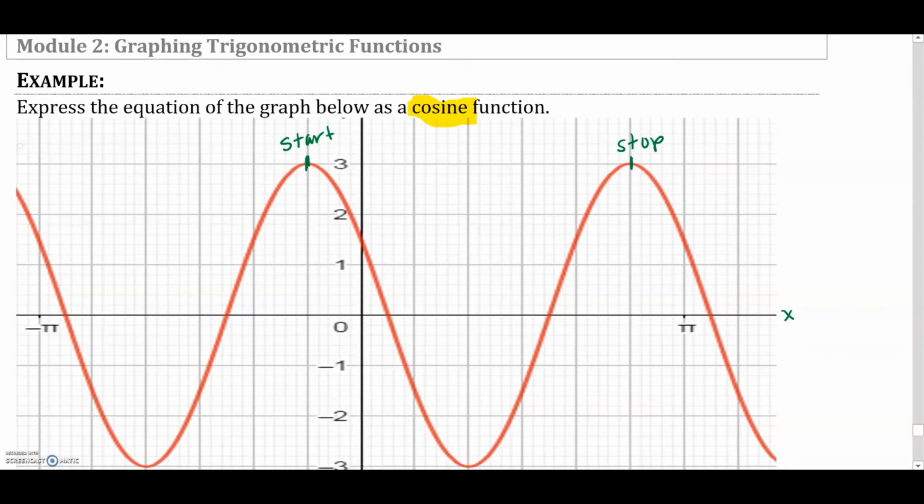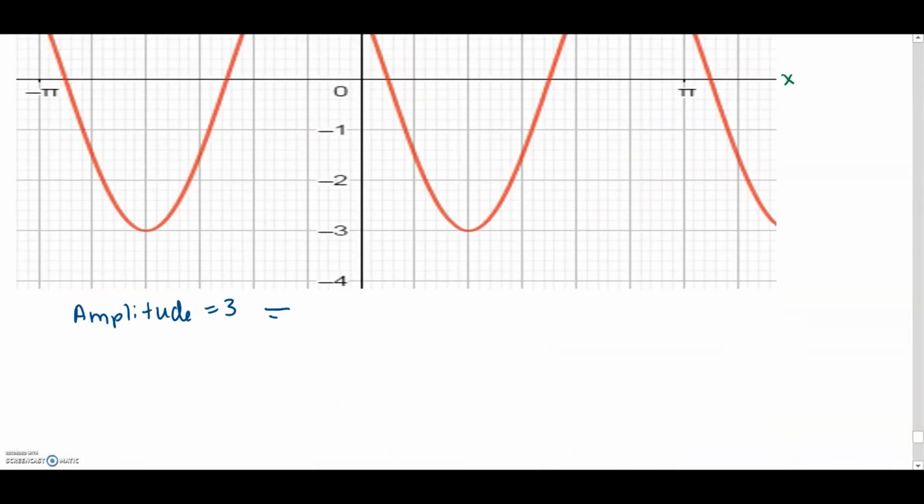There's no midline shift. And we can see that the maximum and minimum value of this curve are 3 and -3. Therefore, the amplitude is 3. And this means that we have an a value of 3 as well.